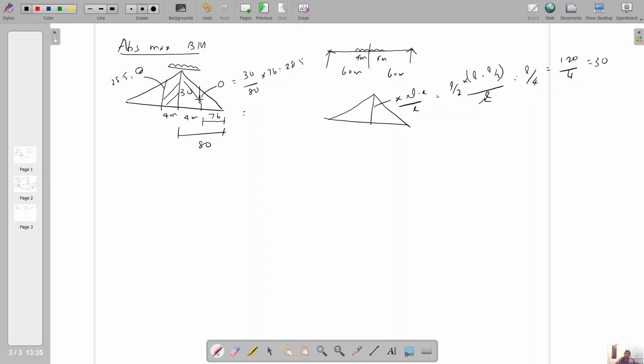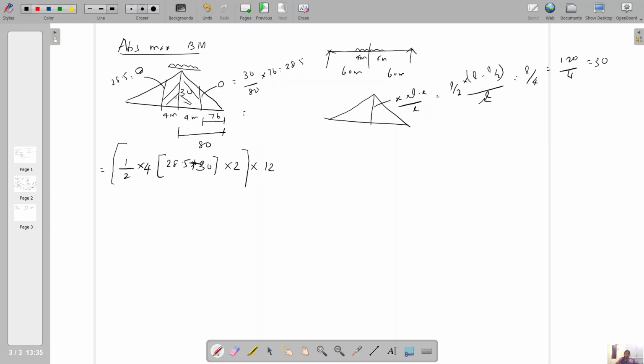Now we have to consider this area. So absolute maximum bending moment equal to half into 4 into (28.5 plus 30). The same expression is repeated on the right side also, so I put into 2, into the loading 12. So this is the area under the ILD diagram.